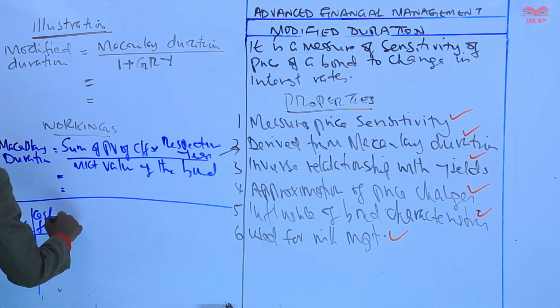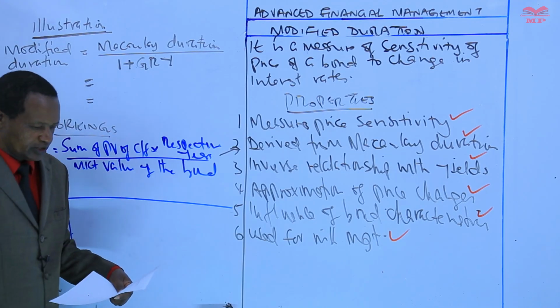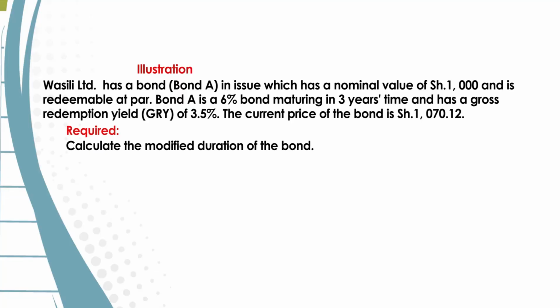What are the cash flows? From the question, let's read the question together. The bond A is a 6% bond maturing in 3 years. So 6% of 1,000, that will be the cash flow. That is the amount that will be received at the end of each year. That will be the interest. That is the cash flow.